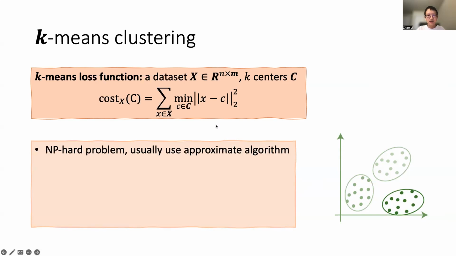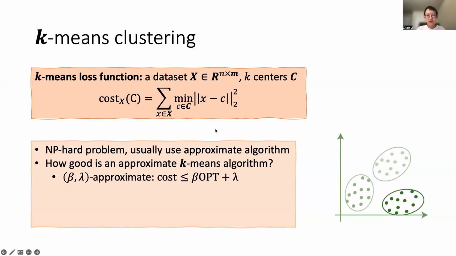But computing the centers that satisfy exactly this condition is an NP-hard problem. The well-known Lloyd algorithm can only produce a heuristic solution for the problem. In general, people use (beta, lambda)-approximation to describe how well a polynomial-time algorithm can solve the problem.